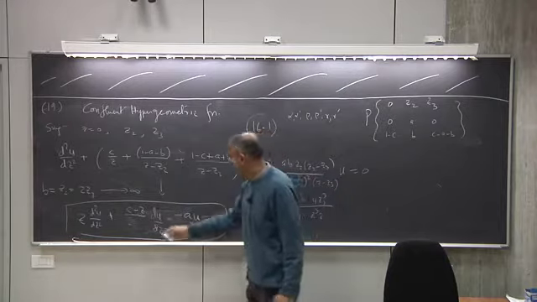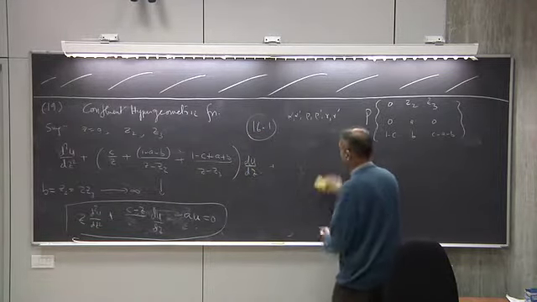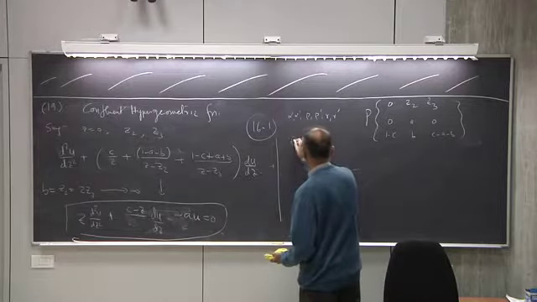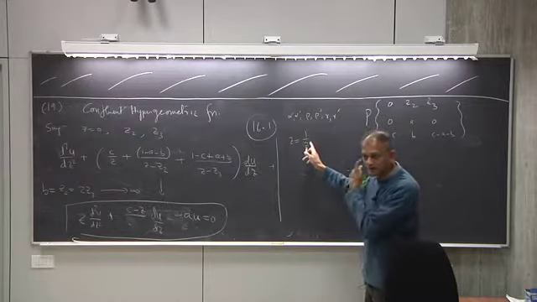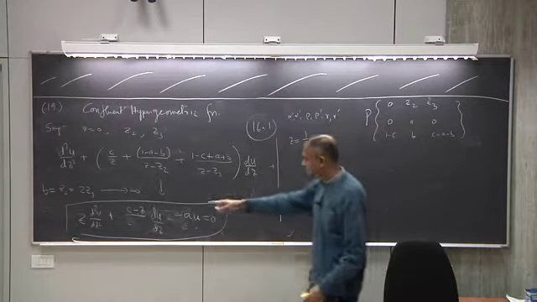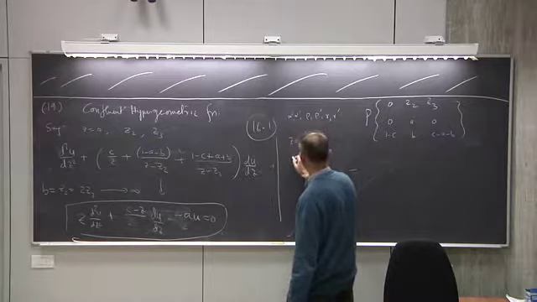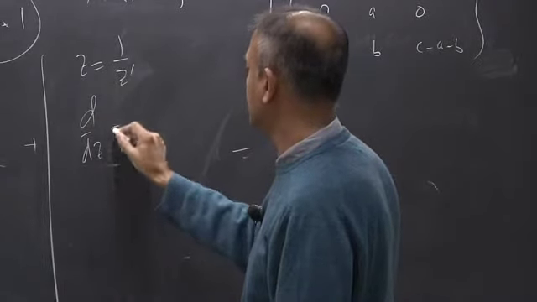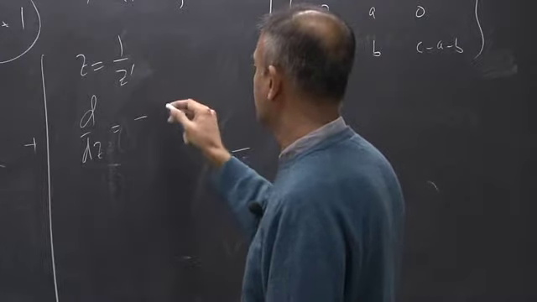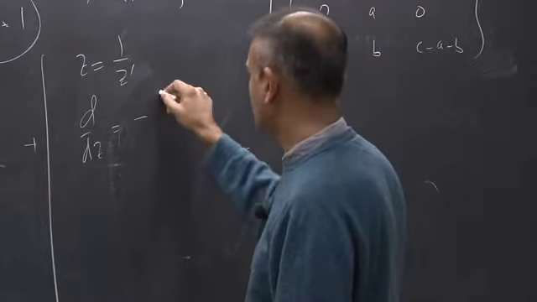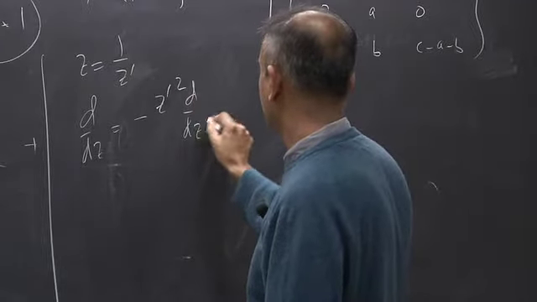But at Z equal to infinity, let's see what happens. Write Z equal to 1 over Z prime, as usual, and study at Z prime equal to 0. So d by dz is the same as minus 1 over Z squared, which is Z prime squared, d by dz prime.